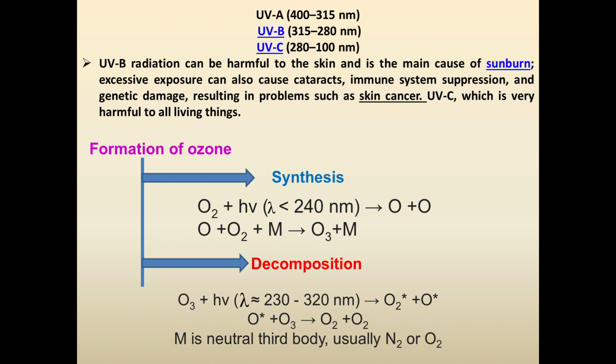That singlet oxygen again combines with an ozone molecule present in the stratospheric zone, and that forms two diatomic oxygens separately. Here M is a neutral third body. Usually M may be a dinitrogen molecule or oxygen molecule.